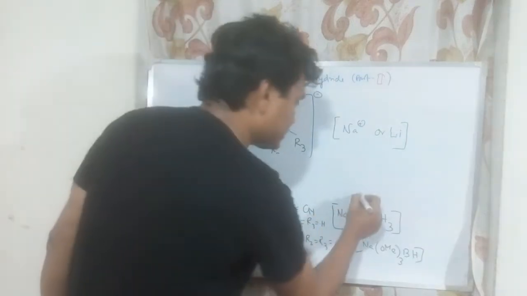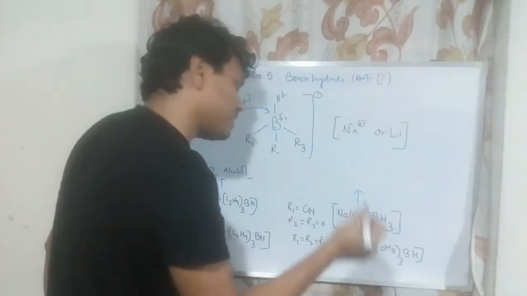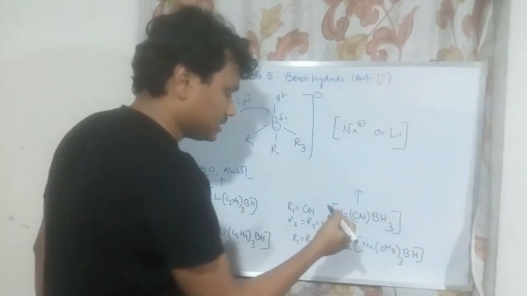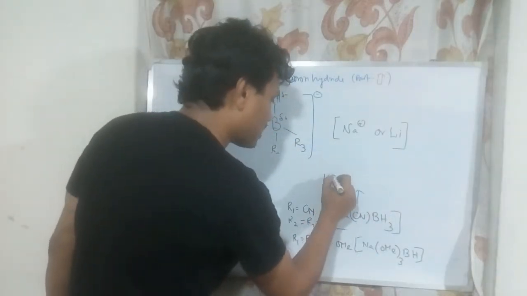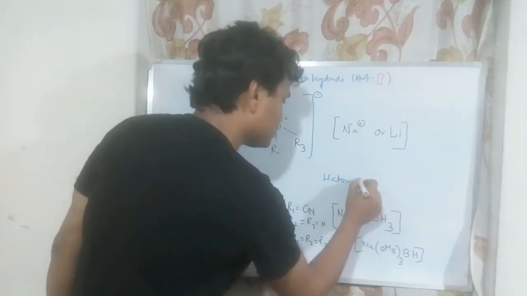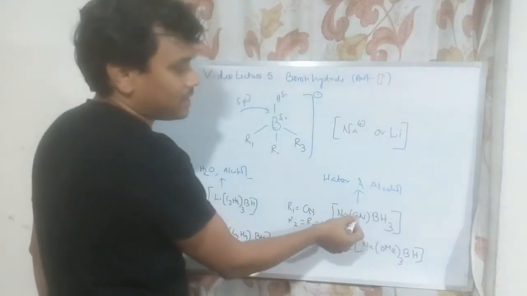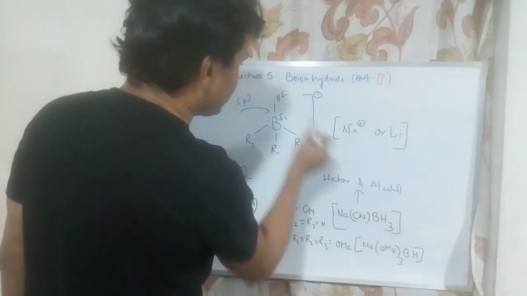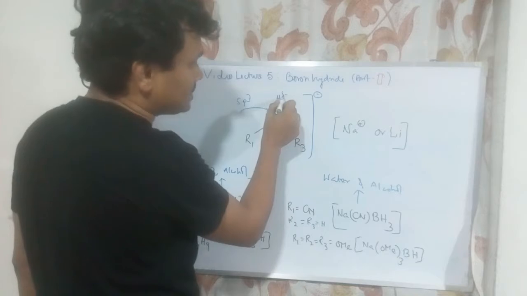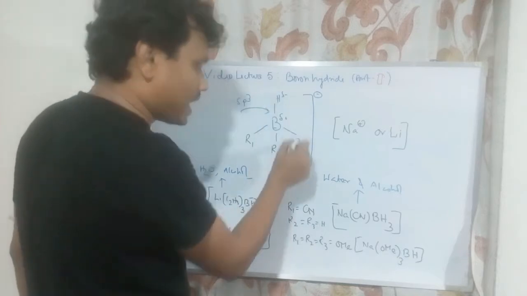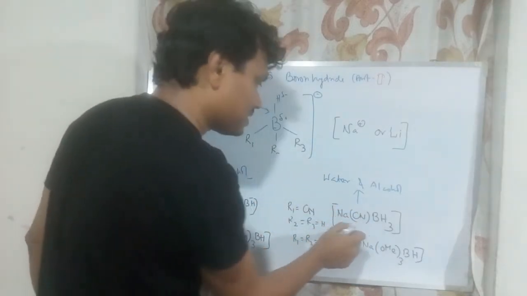And this reagent will react very less or slowly. This is very less reactive in water and alcohol. Why? Because the cyano group reduces the negative charge density on the hydrides. That's why its reactivity decreases.